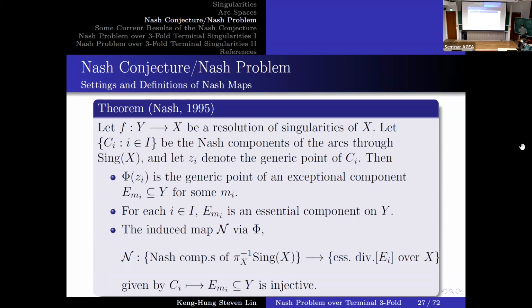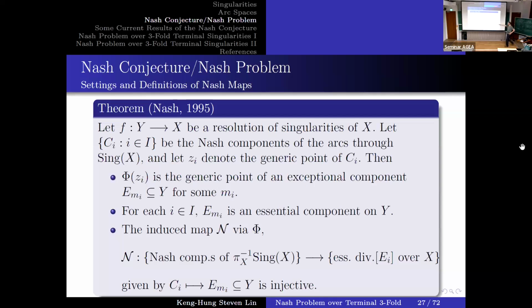Okay, so right now we potentially have a map from C1 to Cm going to E1, E2 to Er. Let's call this map capital N. From this theorem we have that C1 will be fully mapped to E2, C2 will be fully mapped to maybe E6, something like that.